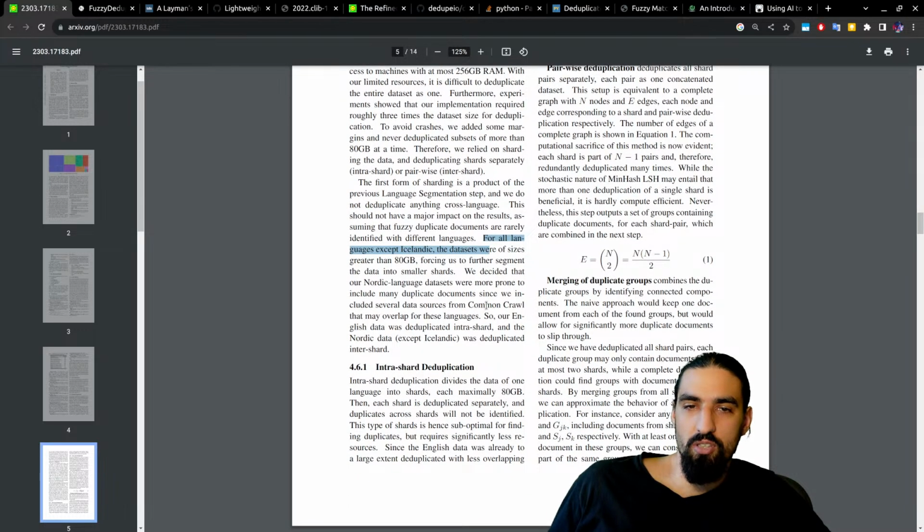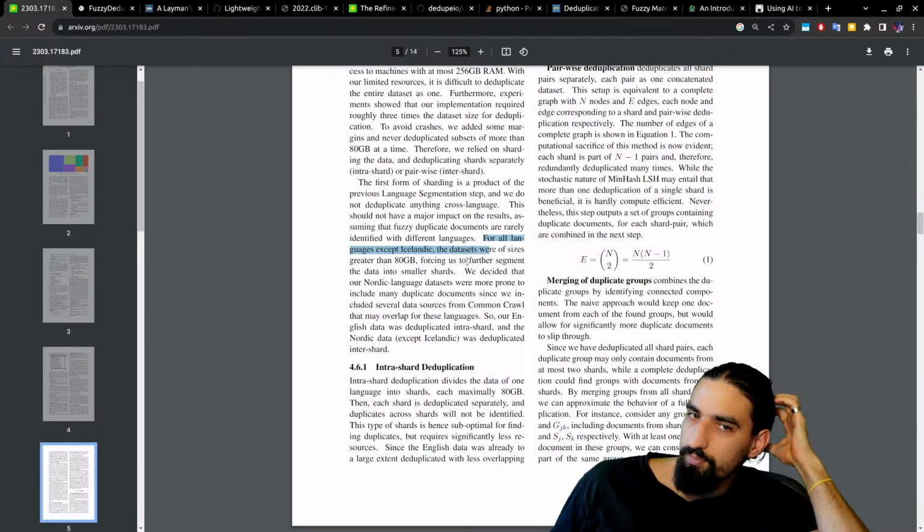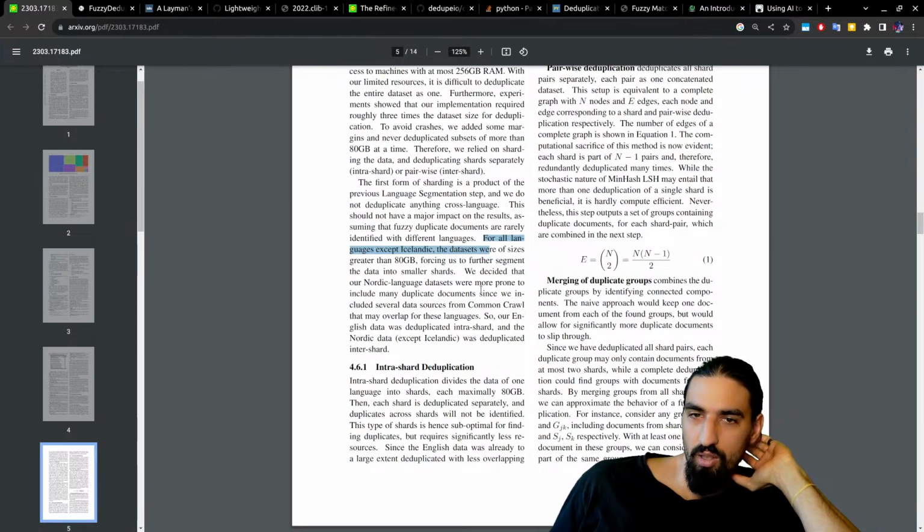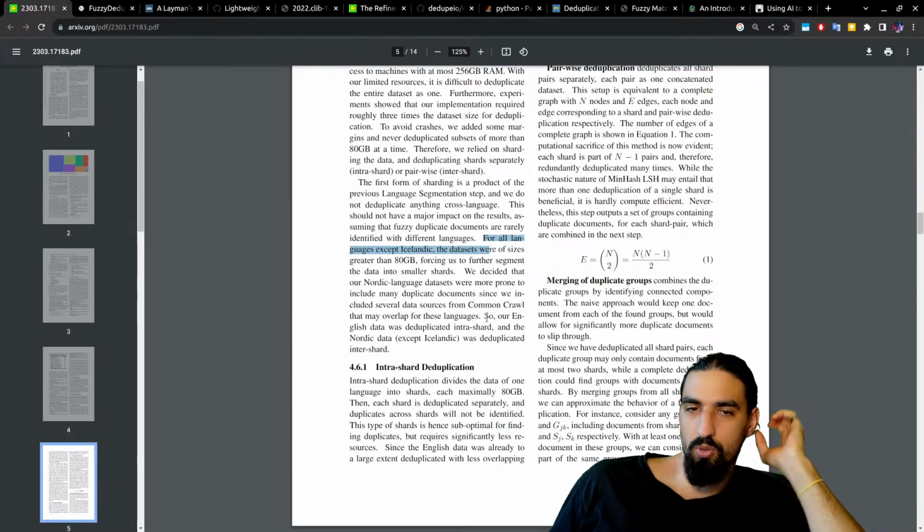For all languages except Icelandic, the datasets were of sizes greater than 80 gigabytes, forcing us to further segment the data into smaller shards. We decided that our Nordic language datasets were more prone to include many duplicate documents, since we included several data sources from Common Crawl that may overlap for these languages.